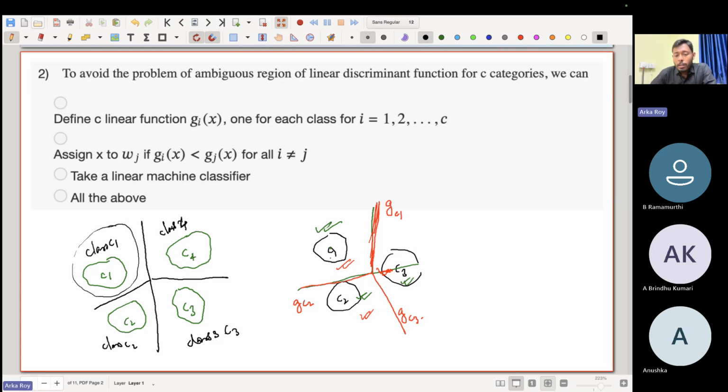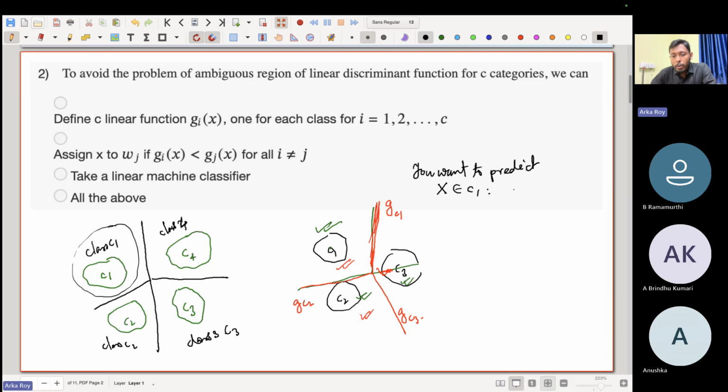Now, let's say you have an X, the data that is coming from some class C, and you need to predict whether X belongs to C1, C2, or C3. Let's say you want to predict whether X belongs to C1.